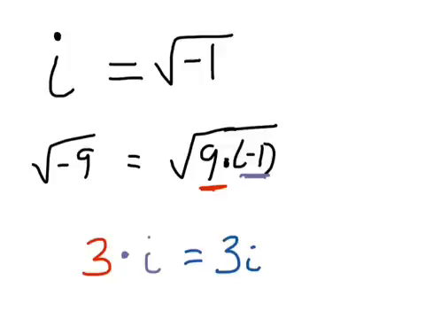Now, I know this seems a little foreign, a little strange. The more that we work with this, the more it's going to make sense. But the idea that I need you to get right now, before we start practicing this arithmetic, is that imaginary numbers do exist. And imaginary numbers are real. I don't mean that as in they're real numbers. They're different than the label of real numbers, but they do exist.